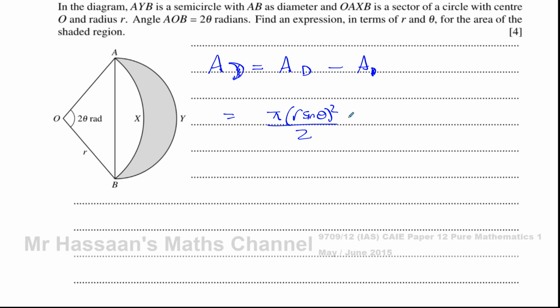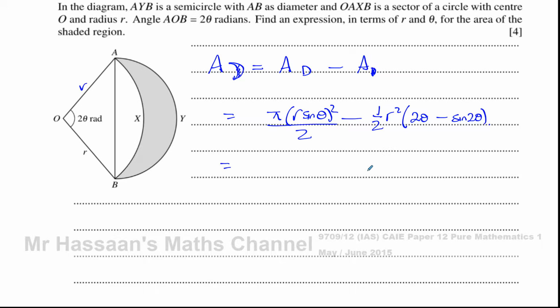That's the area of the semicircle minus the area of the sector. And as we said, that's going to be a half times r squared. Now the radius of this is just r squared times the angle. Now the angle is 2 theta minus the sine of 2 theta. Okay, and this will give us our expression, and that will be our answer.